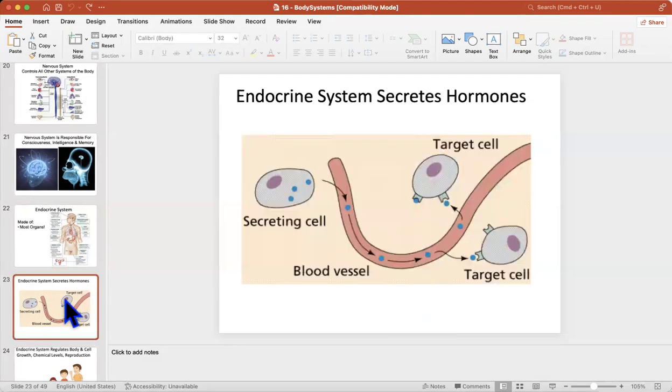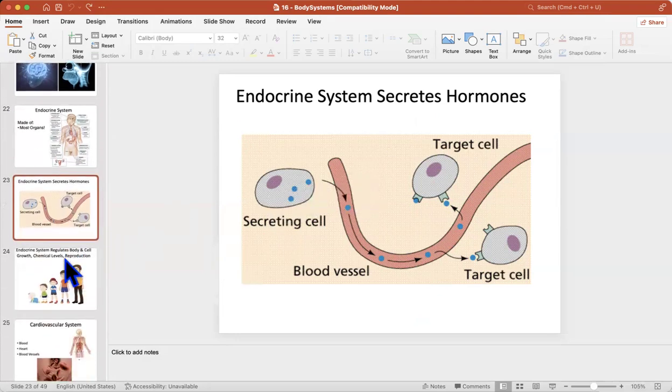So endocrine systems secrete hormones, and the hormones will be carried by blood. So it will go through your whole body. It's a long distance communication system, the endocrine system is. Your body has two long distance communication systems. One is the nervous system, like you can move your finger. That's the long distance communication. And the second one is the endocrine system.